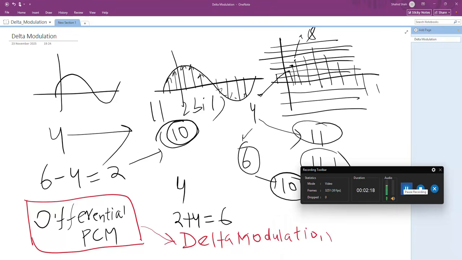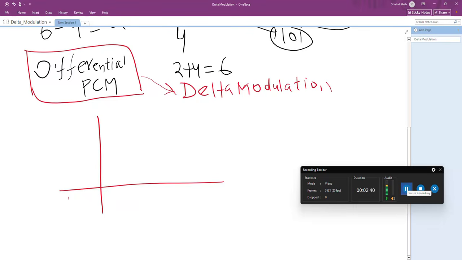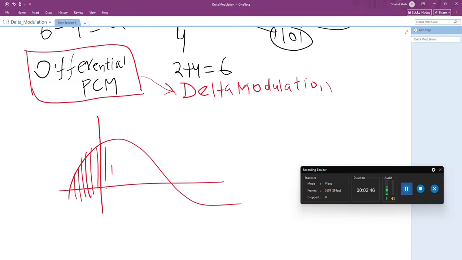The main concept behind differential PCM or delta modulation is, instead of transmitting the quantized values, we first transmit the first level, then for the next level we will not transmit it, rather we'll transmit the difference of 2 levels. This is the basic concept: if you have a signal and you sample it at a very high rate, suppose 4 times the Nyquist sampling rate, then the samples will be very nearby.